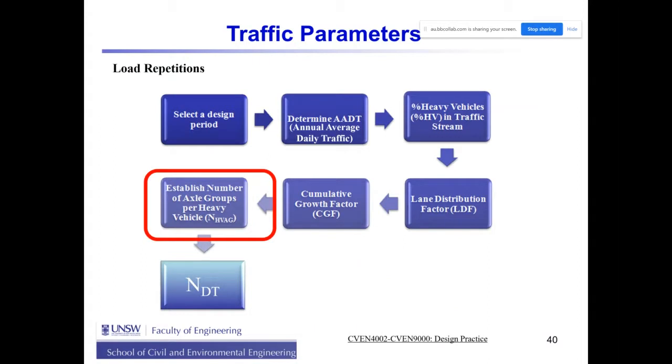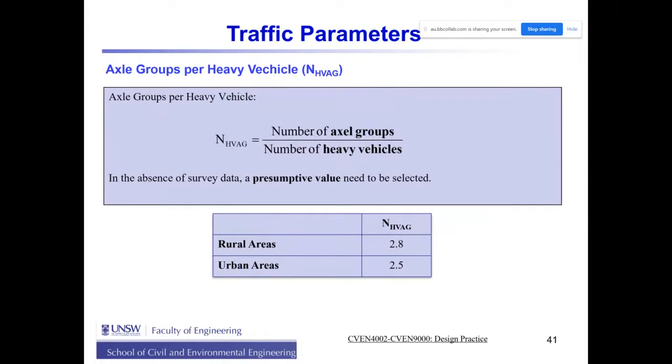The next term is to determine the number of axle groups per heavy vehicle. I already explained that one. This is a simple definition: the number of axle groups per heavy vehicle. Again, we calculate this based on the survey results. If they are not available for light traffic roads, you can use the presumptive values from Austroads.